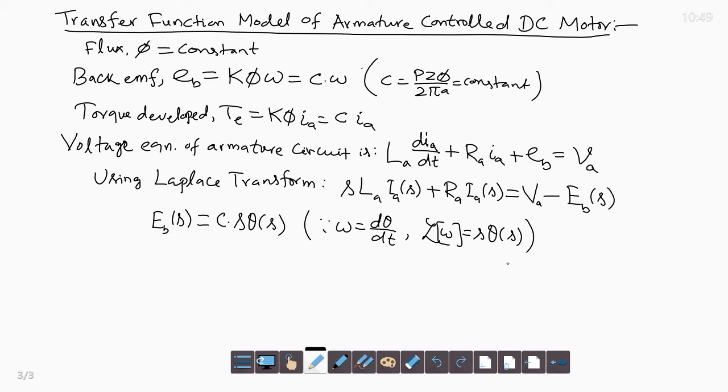So, accordingly, you can write the armature current transform IA(S) is VA(S) minus EB(S) divided by S LA plus RA. Let us denote this as equation 1.